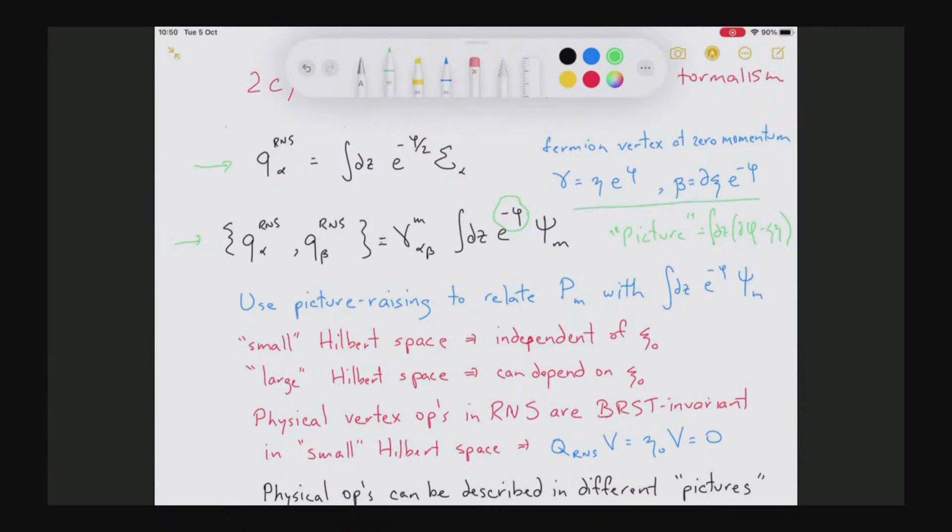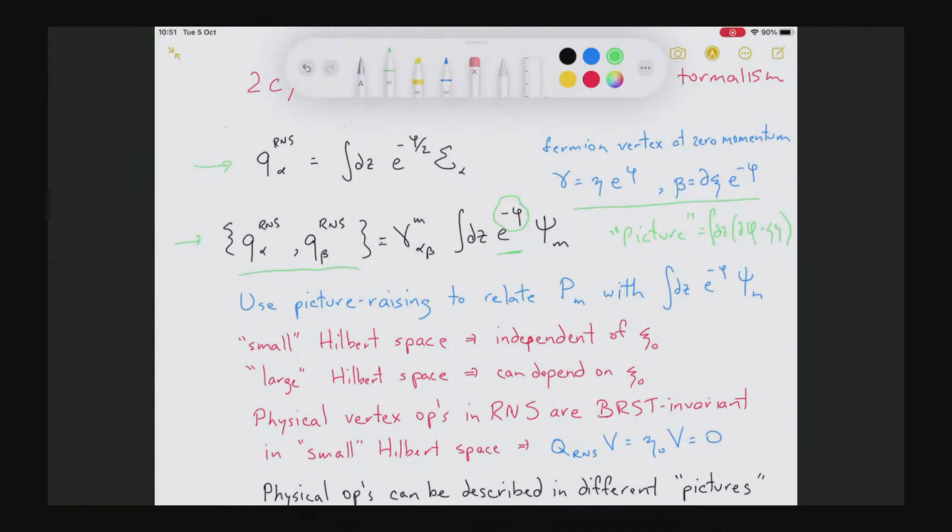So with this definition of picture, beta and gamma carry picture 0, but this carries picture -1, because there's an eta minus phi. And the way to relate this algebra with the supersymmetry algebra is to use picture raising.